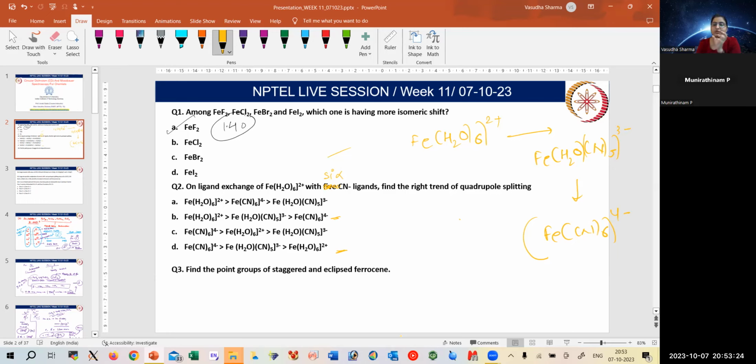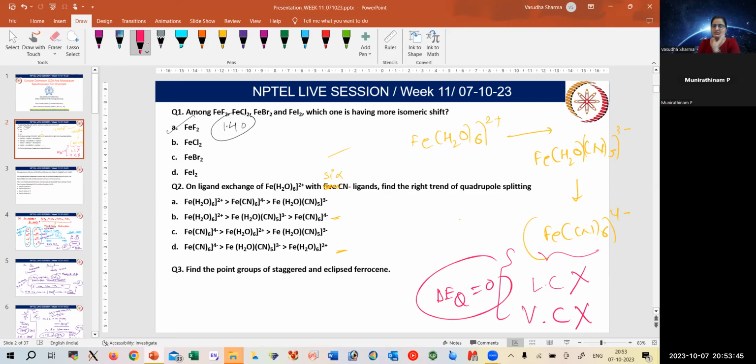We have to find out which one is having quadrupole splitting. If D is the right option, then you are saying that Fe(CN)6 is having quadrupole splitting. It was just a singlet, right? This was not having ligand contribution, lattice contribution, or valence contribution. So it was having delta EQ equal to 0. That means it was not at all having any quadrupole splitting.